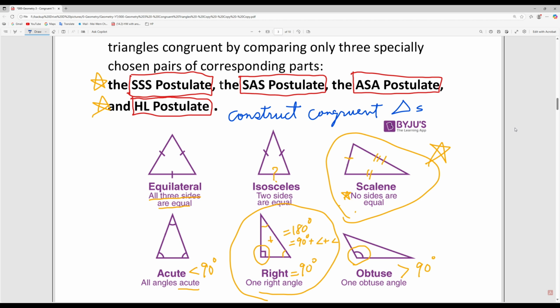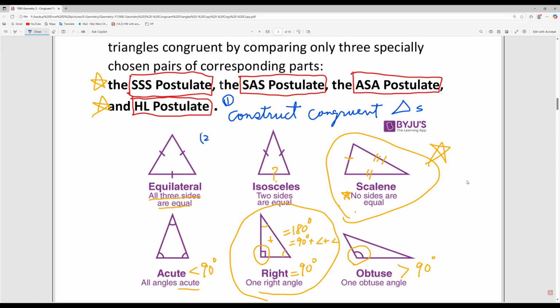Okay? Now, basically today the most important thing, there are 2 things. First thing is I will show you how to construct congruent triangles.